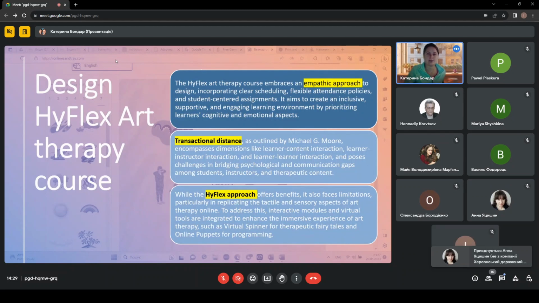The first idea is an empathic approach to design, where we are really grounded in the conditions of our students. Some of them cannot use laptops because they migrate somewhere with just their phones.